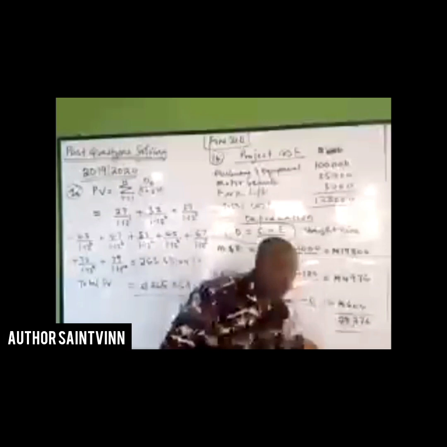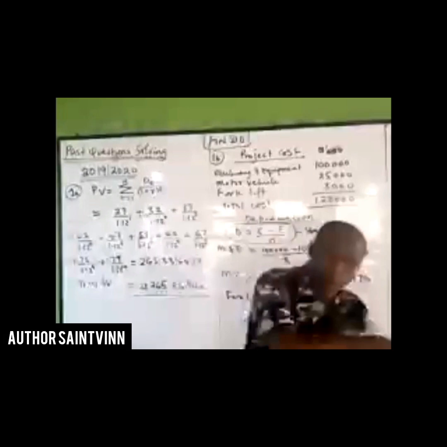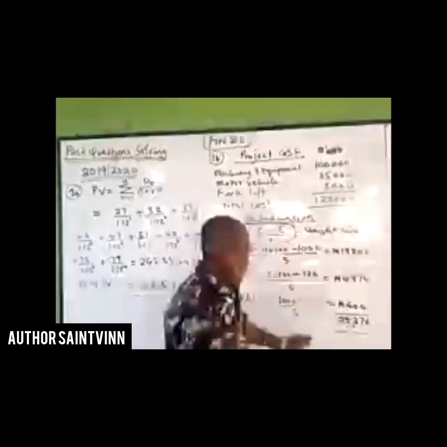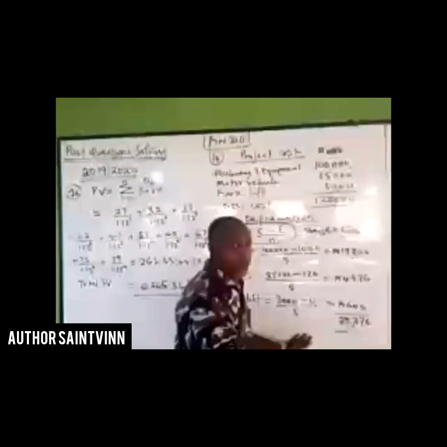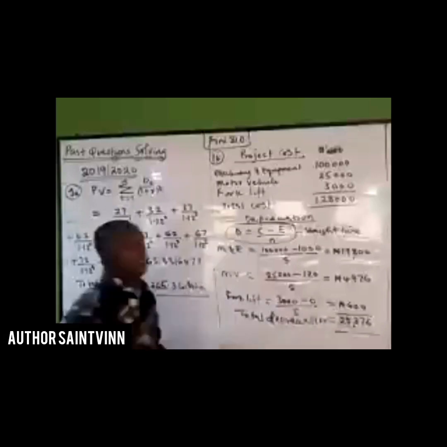Because assuming they say it's part of the fixed cost, we would have removed it, because depreciation should not be added; fixed cost will subtract it. So that annual depreciation, we're going to put it side by side to this. But that annual depreciation was increasing. Assuming it wasn't increasing, I won't bother; I'll just add it to this one. But it's increasing, so we're going to show a group there to help you understand that. So this is our total depreciation, apart from the annual depreciation. Is that okay?